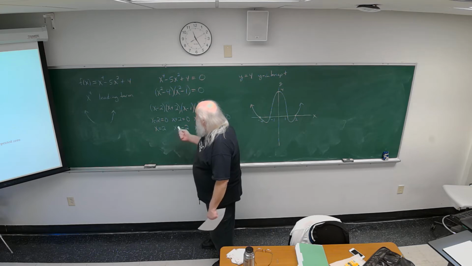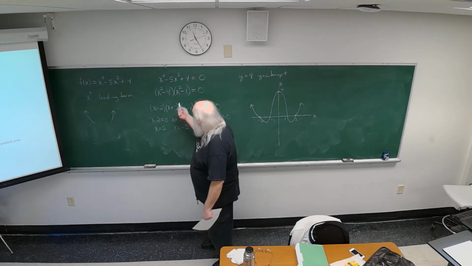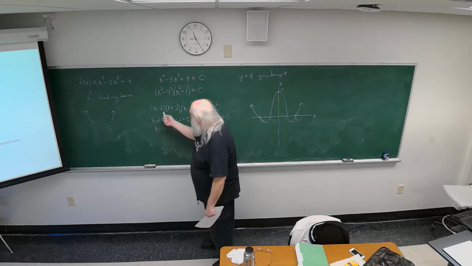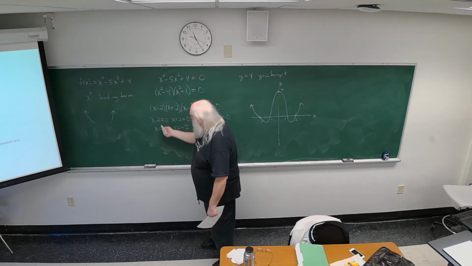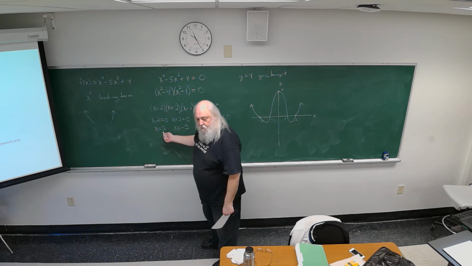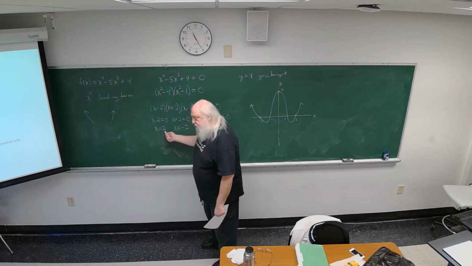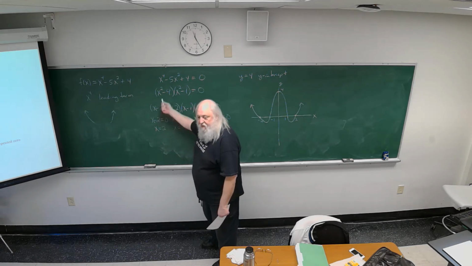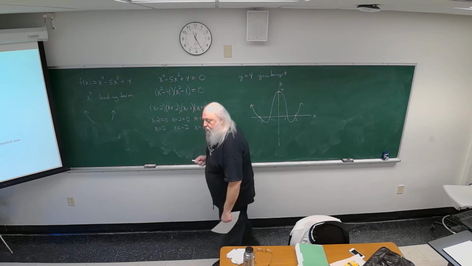In finding the zeros, the x-intercepts, in the polynomial function, if x minus 2 was a factor, then x equals 2 was a 0, an x-intercept. We go in reverse. If x equals 2 is an x-intercept, then x minus 2 is a factor of the polynomial. Okay.